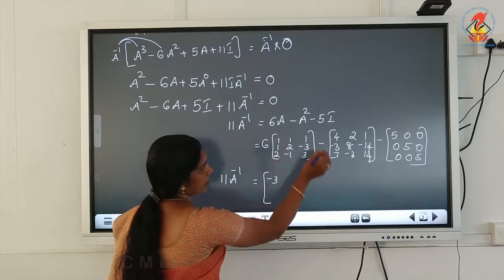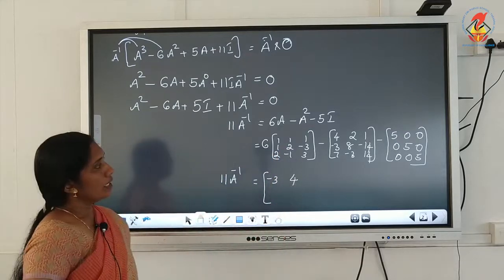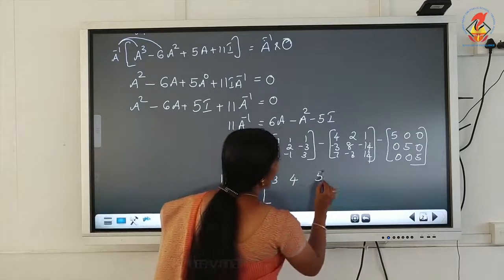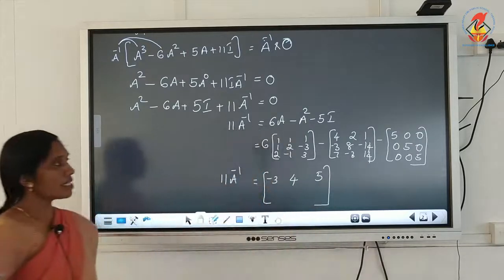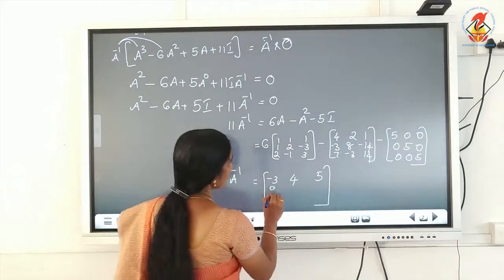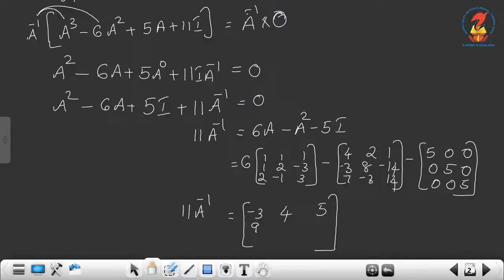Next element 6 minus 2, that is 4, then 6 minus 1 is 5, then 6 plus 3 is 9, 6 into 2 is 12, 12 minus 8 is 4, 4 minus 5 is minus 1, minus 18 plus 14, that is minus 4, then 6 into 2 minus 7 is 5, minus 6 plus 3 is minus 3, 18 minus 14 is 4, 4 plus 5 is 9.